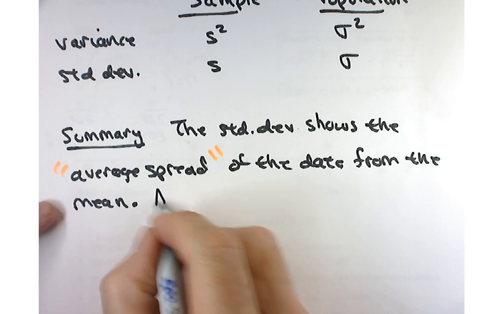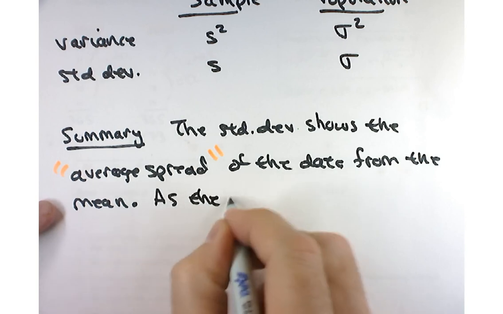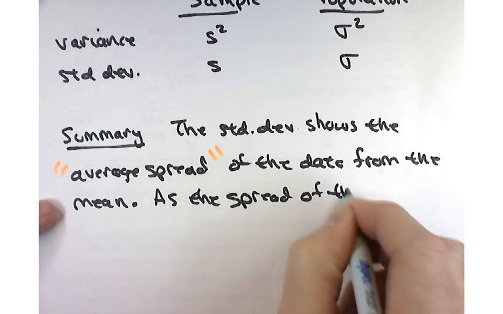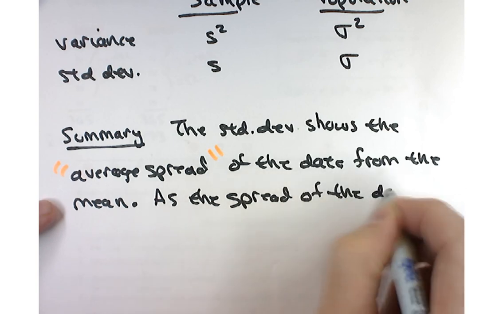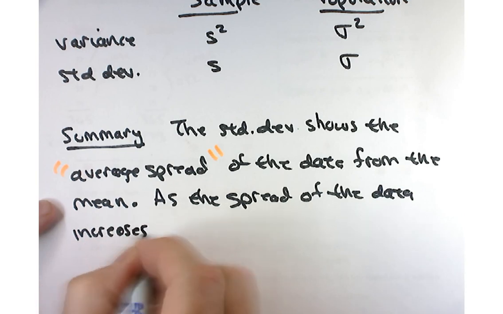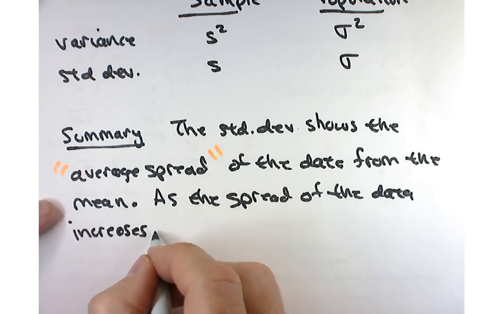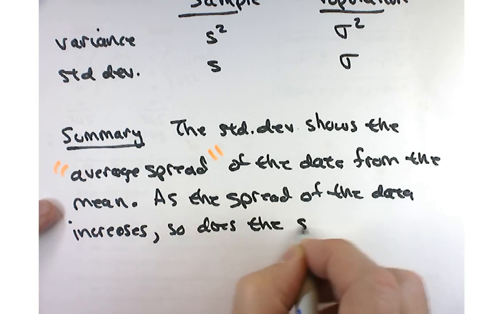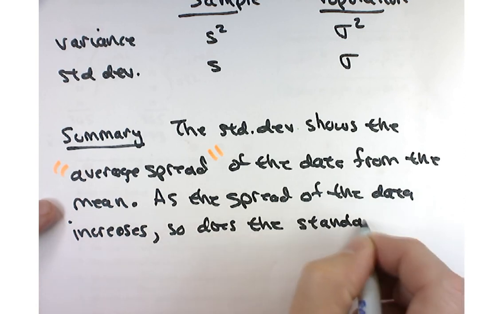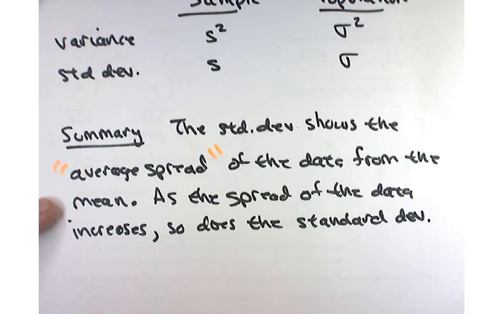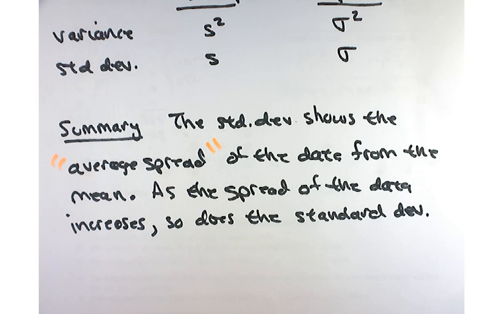Excellent. So, as the spread of the data increases, so does the standard deviation. And you could go on and say, smaller spread, smaller standard deviation, that's fine.